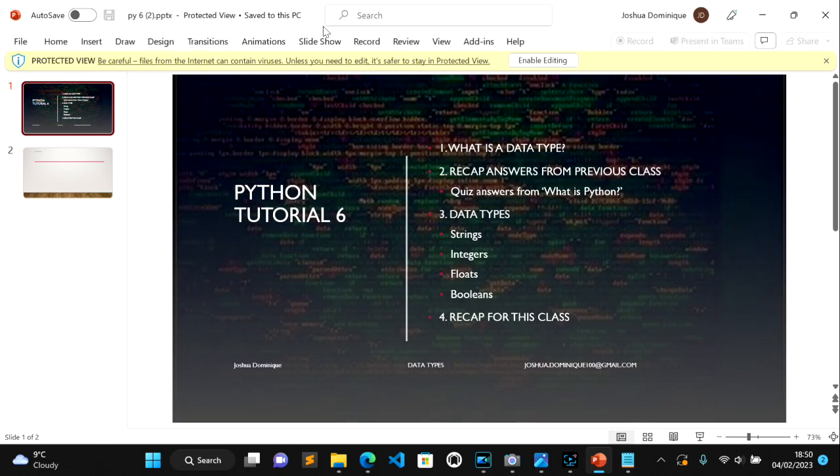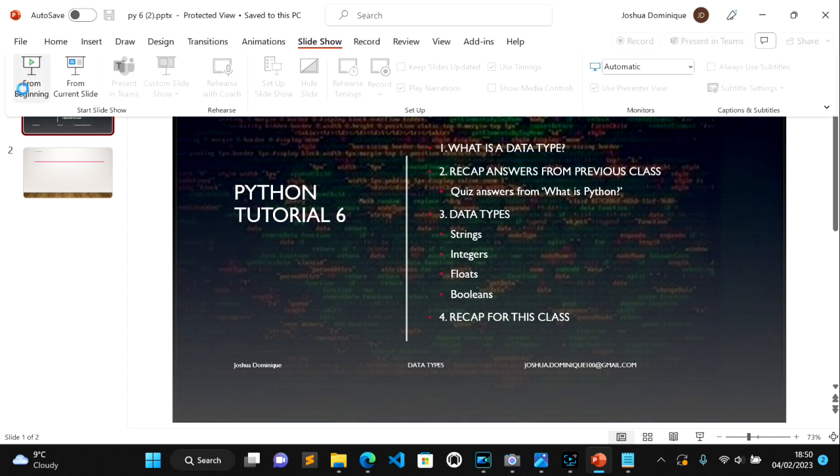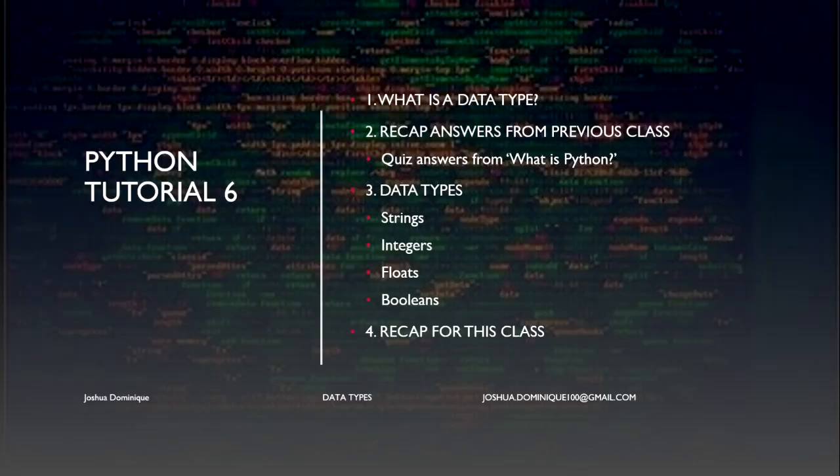Okay, so what's the first thing that comes to your mind when I say data type? Well, a data type is basically one of the things that we classify something in Python. Let's say that you write a piece of code, and that piece of code has to belong to one of the data type families: the strings, integers, floats, and booleans.